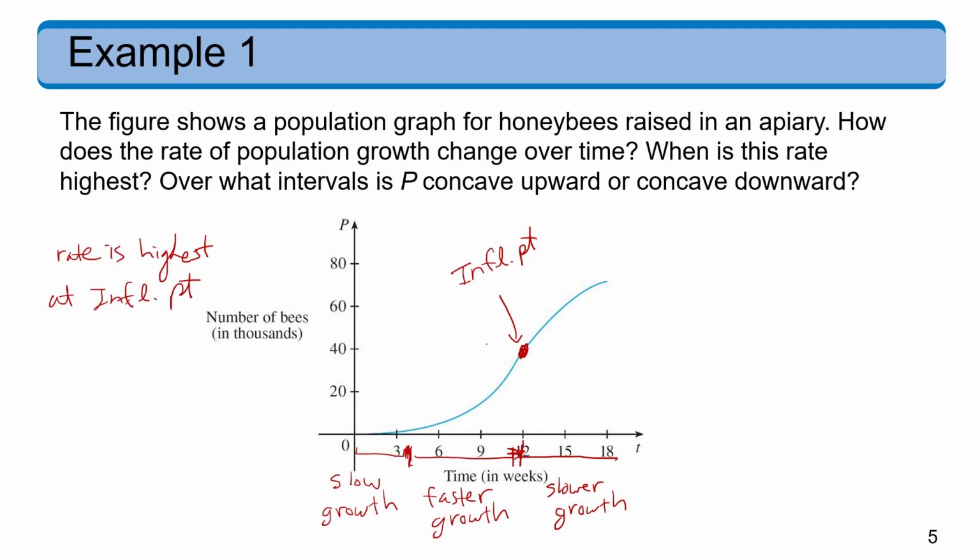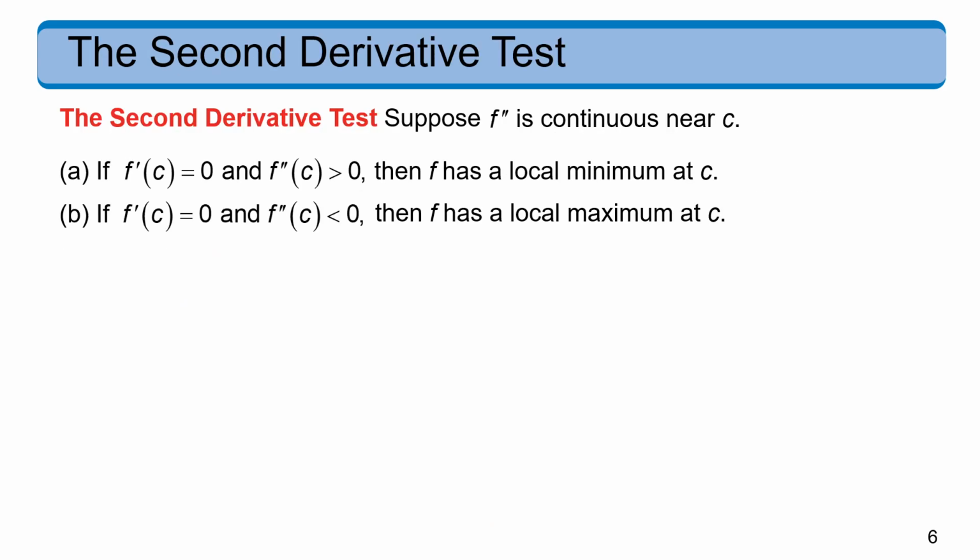Okay, so this just gives you an idea why we're interested in concavity and inflection points in a function that's modeling something real. So we just saw that the second derivative tells us about concavity. We can use that to derive this other test called the second derivative test.